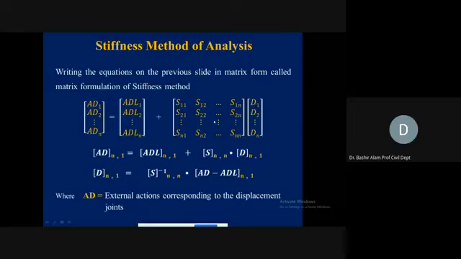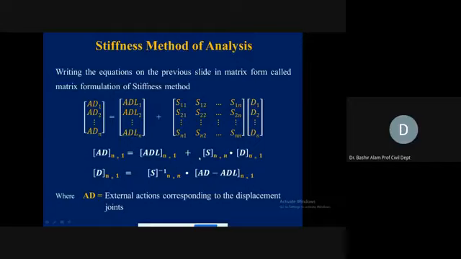Now we can write this in condensed form, and in condensed form it becomes AD is equal to ADL plus S times D. And in the orange subscripts, you can see the order of the matrix. AD is n cross 1, ADL is also n cross 1, S is n cross n, and D is n cross 1.